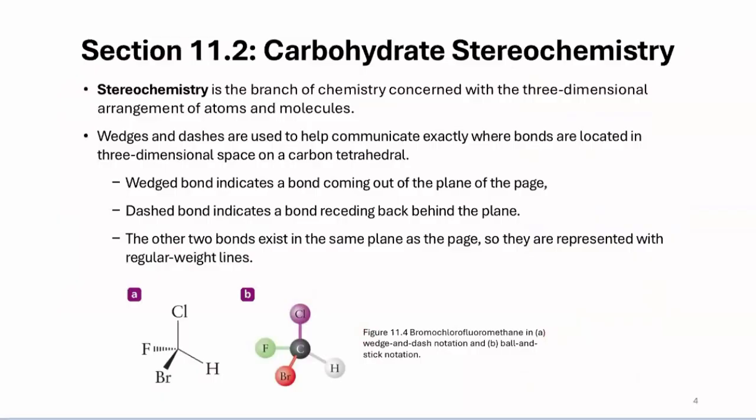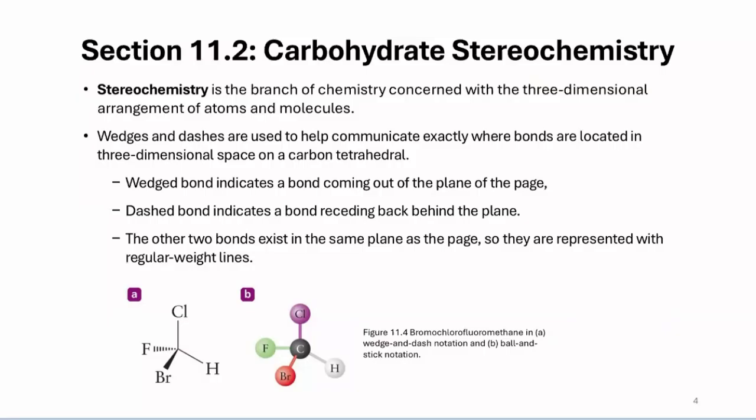One of the things about carbohydrates is that they are going to have different groups on the carbon atoms in their structure. And specifically, because of the different groups that you have around the carbon atoms, we must discuss the topic of stereochemistry. Stereochemistry is the branch of chemistry concerned with the three-dimensional arrangement of atoms and molecules.